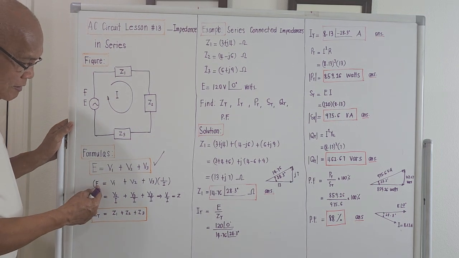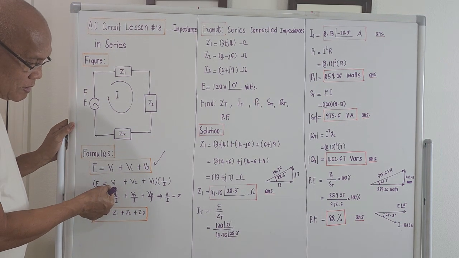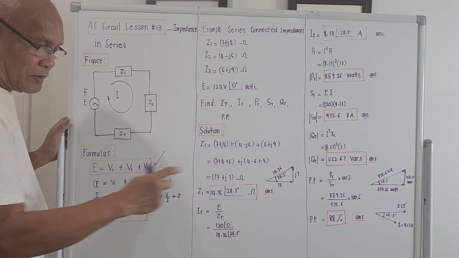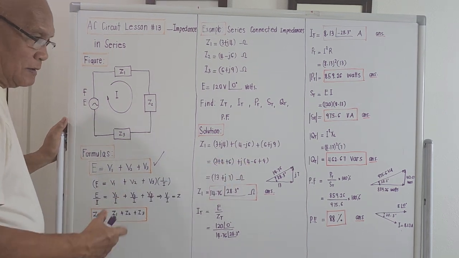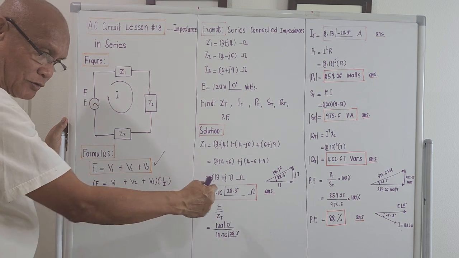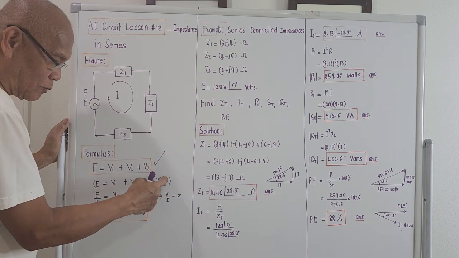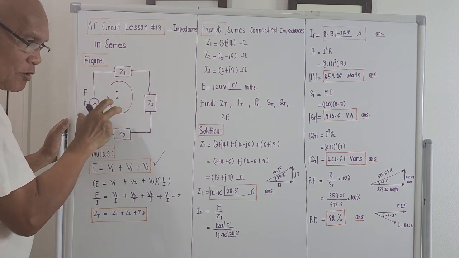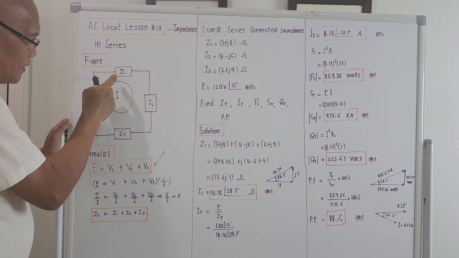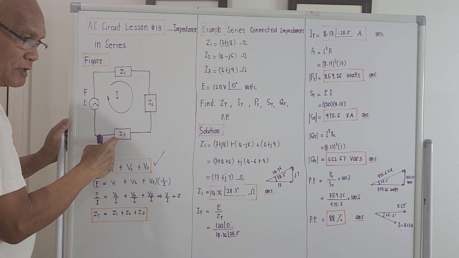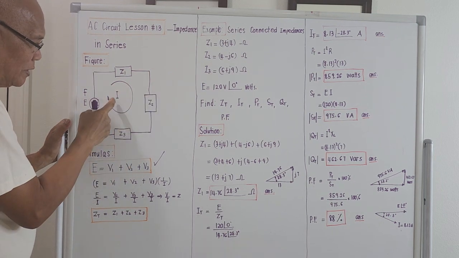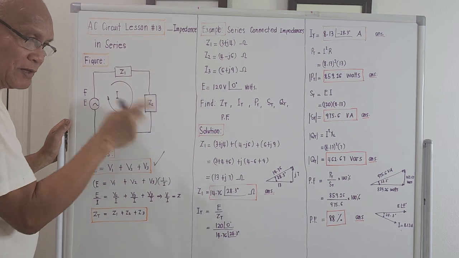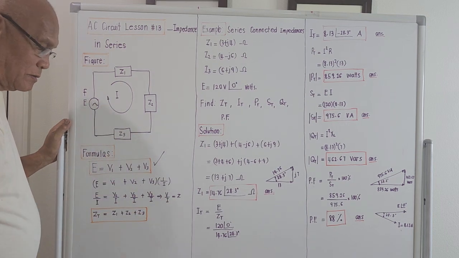We rewrite the given equation E equal to V1 plus V2 plus V3. Then we will try to multiply the given equation by the ratio 1 over I. The circulating current here is I. It is common, meaning the current passing through Z1, Z2, and Z3 are the same. So we have a total current I without any subscript, meaning to say the current is common.